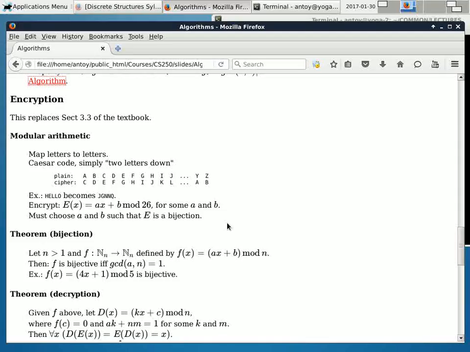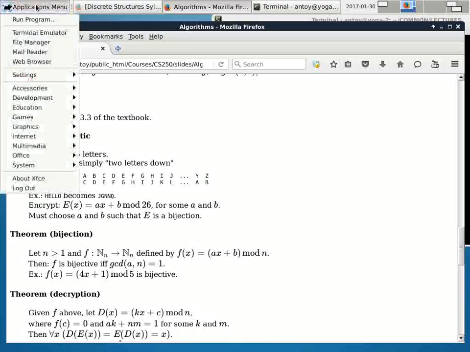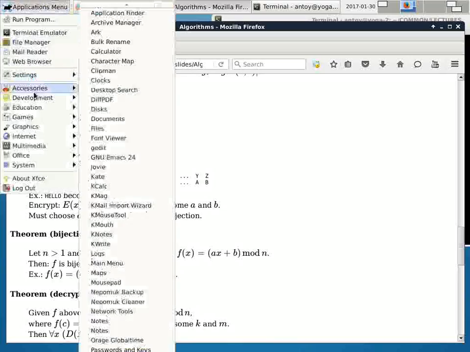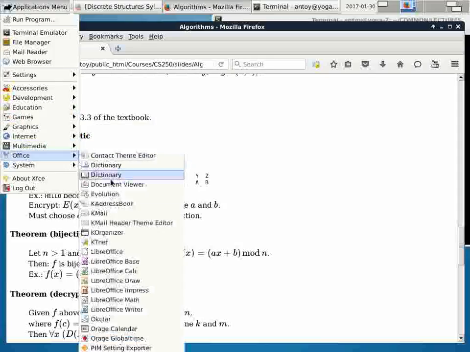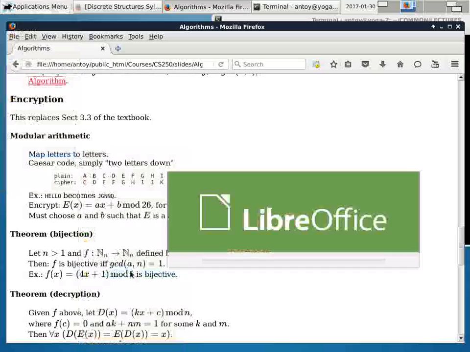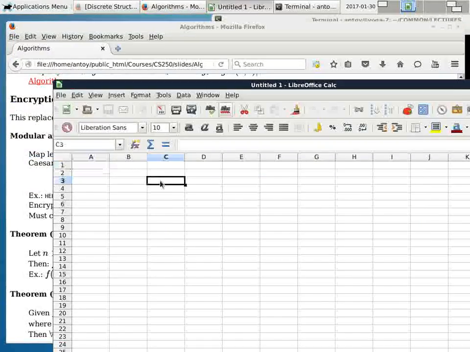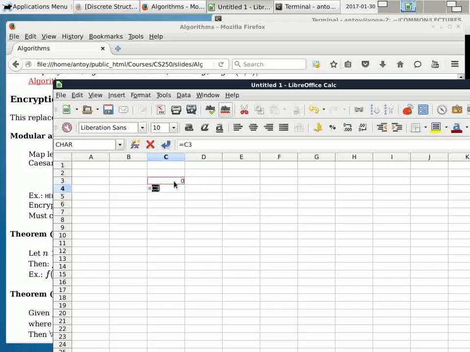To play with this one, let's do the following. Let's get a spreadsheet, Office Calc. So let me put here 0. Here I put the one above plus 1.